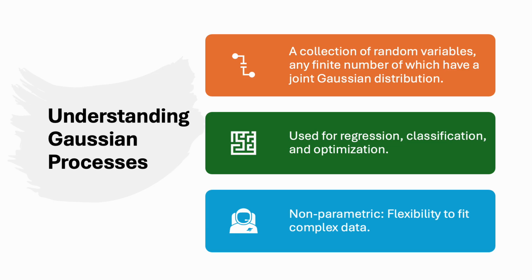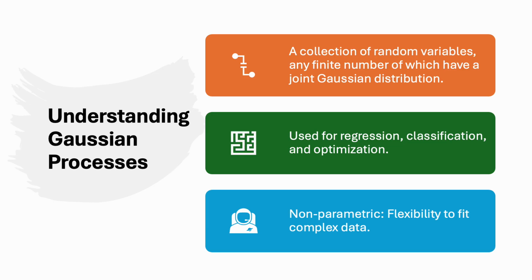So a GP is a collection of random variables, any finite number of which have a joint Gaussian distribution. It can be used for all the variables I discussed earlier in the university example, for regression, classification, and optimization.